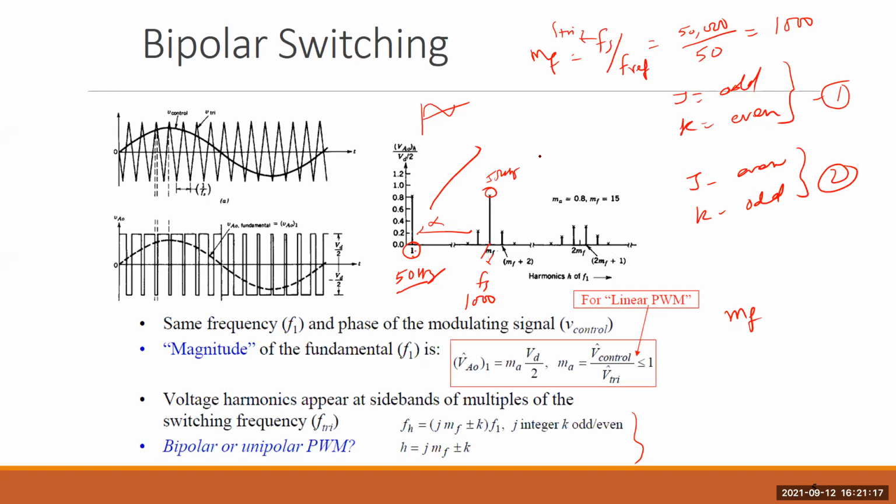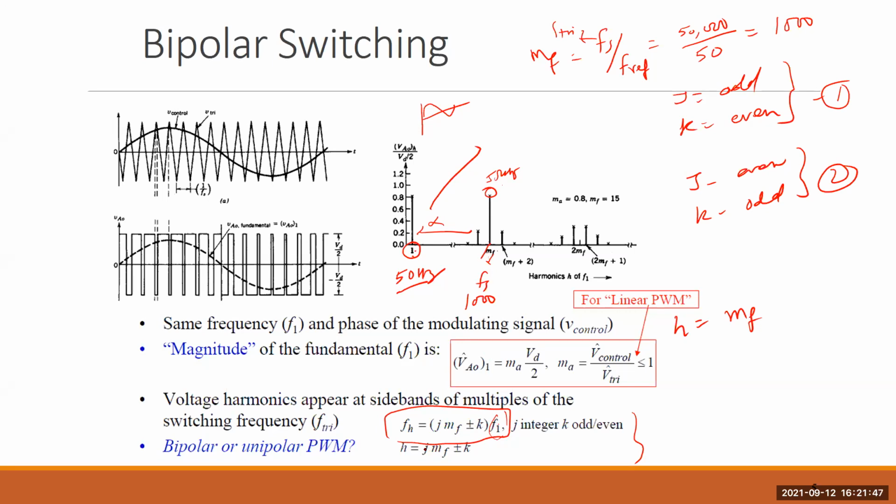So we want to calculate the order of harmonics, which kind of harmonic orders will be present here, so that you can design the filter. You can see it is in terms of MF, like 1000 something, then multiplied by 50 so that it comes in the form of 50 kilohertz, in terms of frequency instead of order.